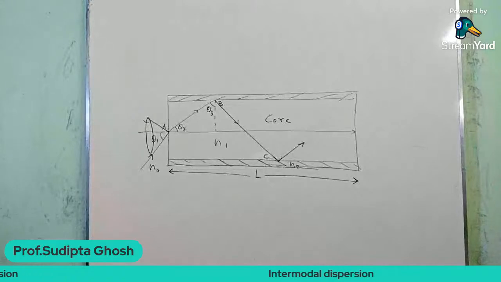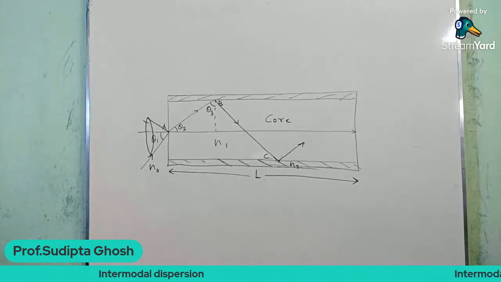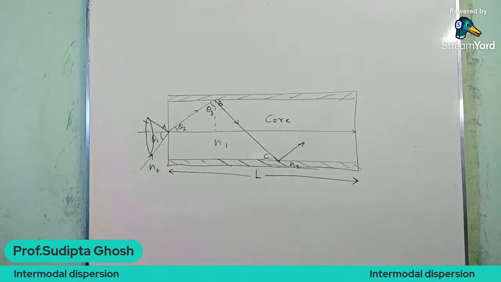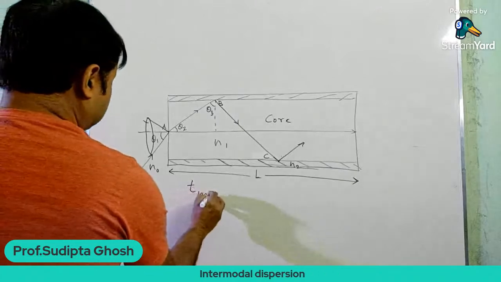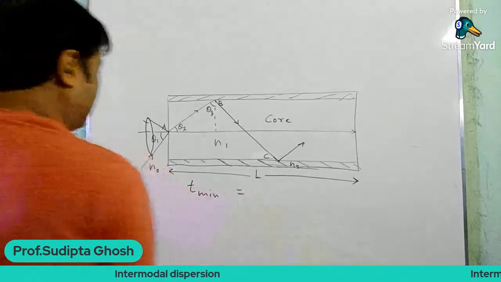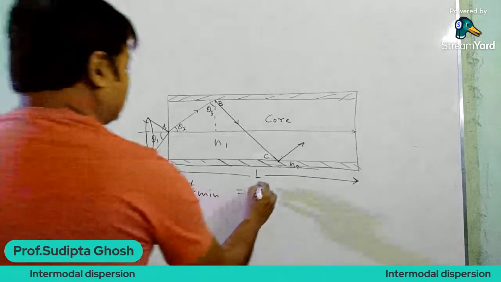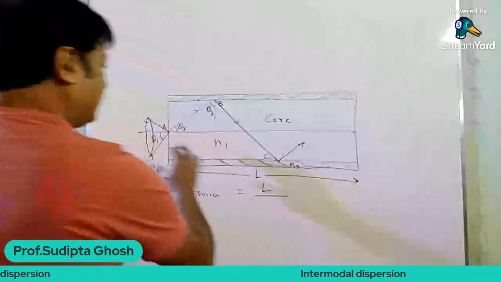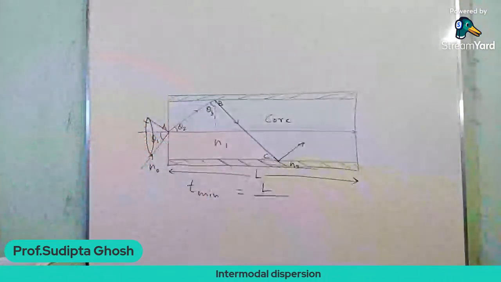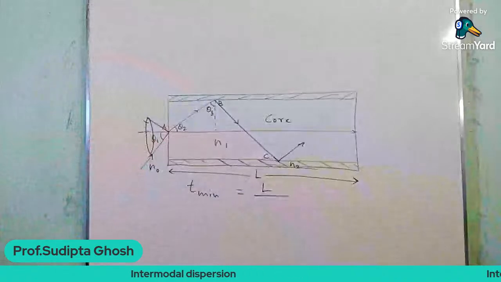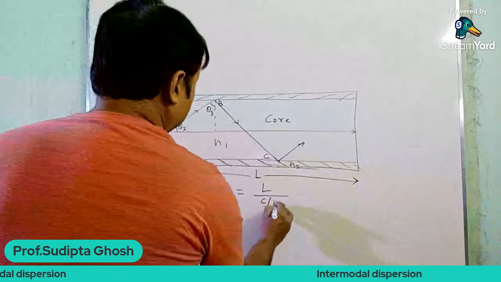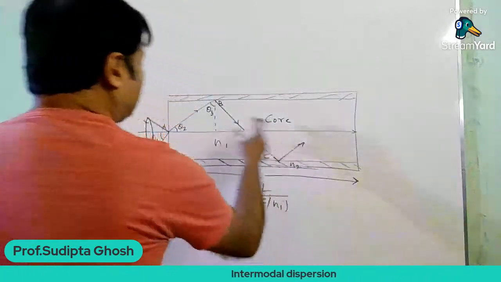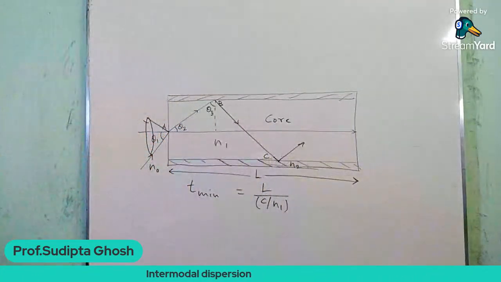If the length of the fiber is capital L, the minimum time of travel, T min, is the axial length divided by the velocity of light in the fiber, which is c by n1, because the refractive index of the core is n1.